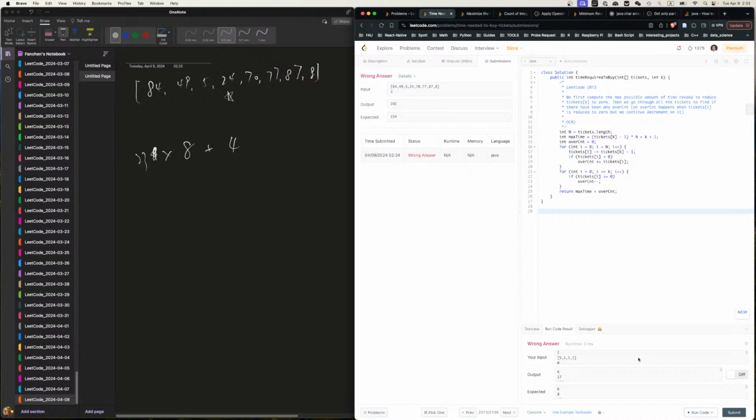This one's not right, and the second one is not right. And none of the others are right. Okay, so we got the second one wrong. 5, 1, 1, 1. Answer should be 8. I got 17. That is bizarre.